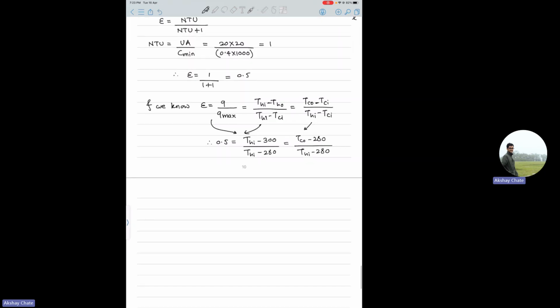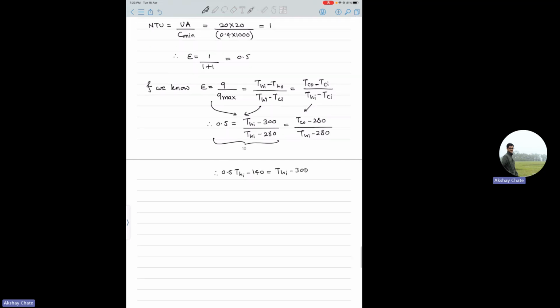So now from this you can solve for THI, right? Therefore 0.5 THI minus 140 is THI minus 300. Therefore your THI is nothing but 160 into 2, so 320 Kelvin.